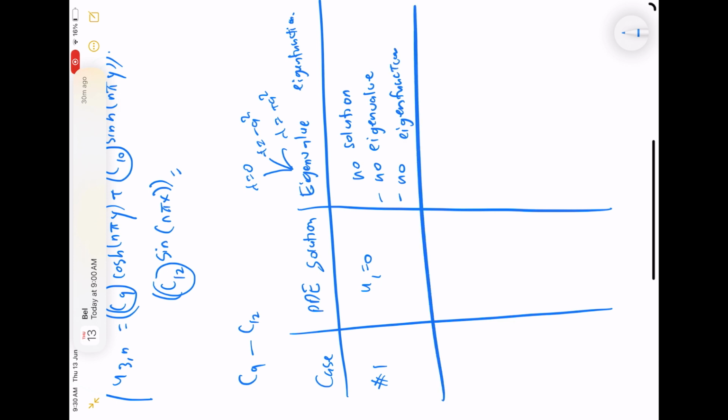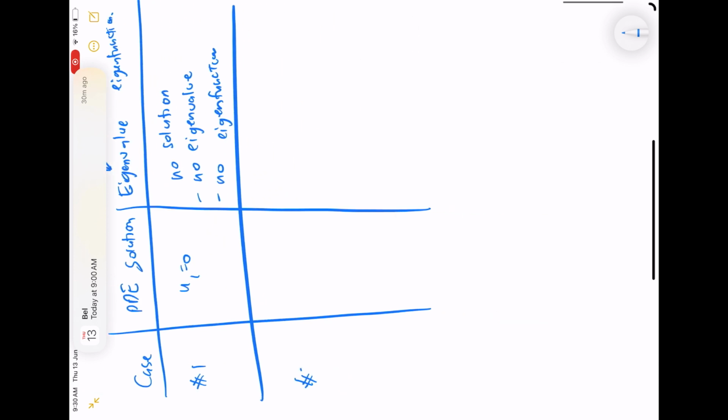Done. And then for case number 2, when lambda equal to negative a squared, we call our u as u2 is equal to 0. Also no solution because we have no eigenvalue, so the meaning is no eigenvalue and no eigenfunction.